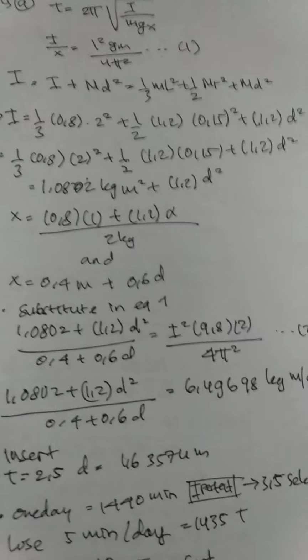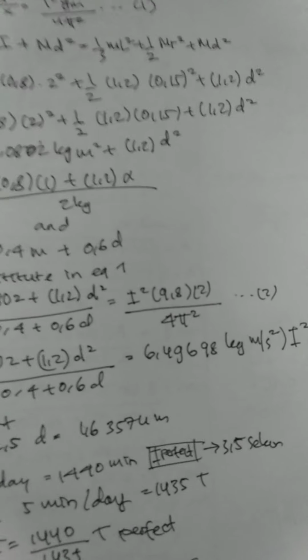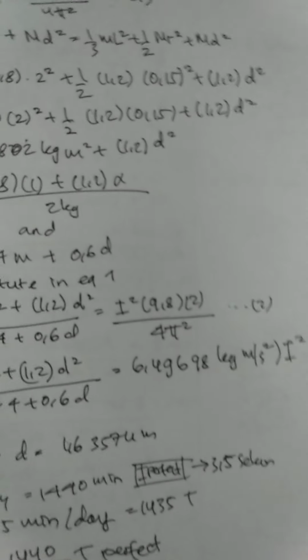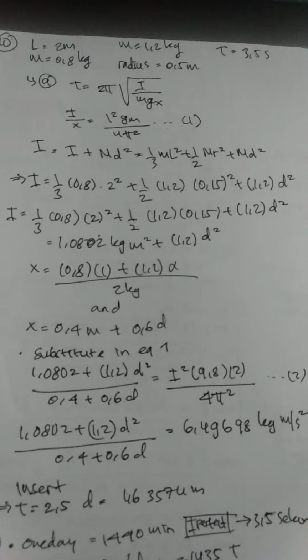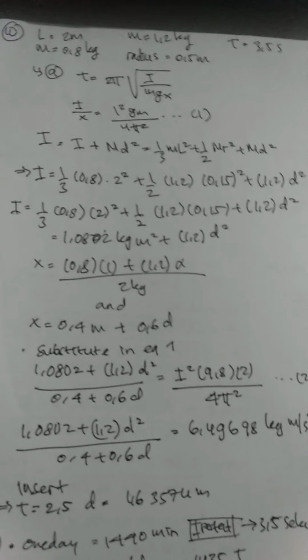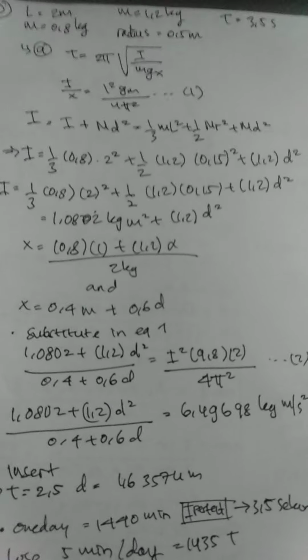What is the question? The first question is: what should be the distance d, the variable, so that the period of this pendulum is 2.5 seconds? What should be the distance d?